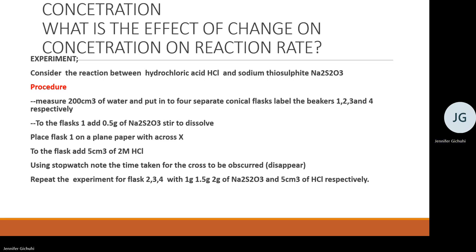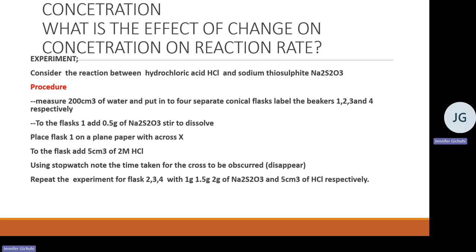And then we are going to place it on the cloth. We add the 5 cubic centimeters of 2 molar hydrochloric acid, and then we start the stopwatch and we measure the amount of time taken. And finally, we are going to repeat the same experiment with flask number 4, where we are going to add 2 grams now. We place it on the cloth.